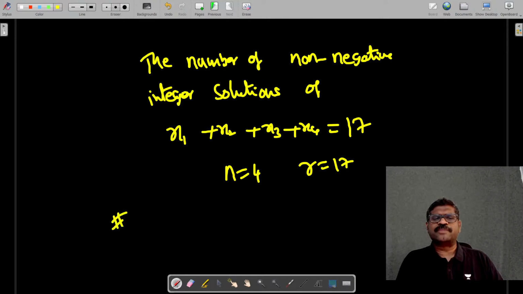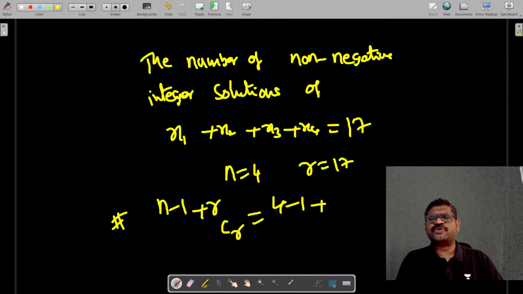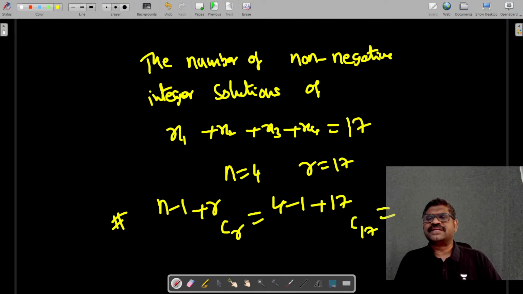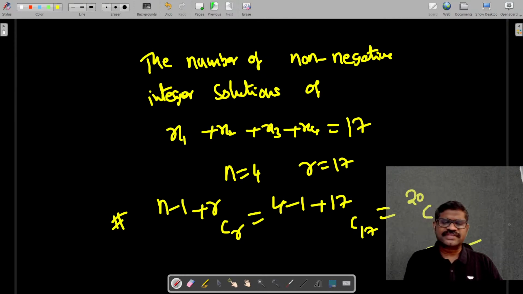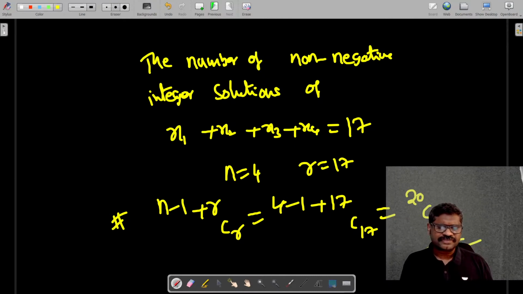The total number of possible ways equal to (n minus 1 plus r)Cr, 4 minus 1 plus 17, C17, that is 20C17. So correct answer is 20C17. Understood?